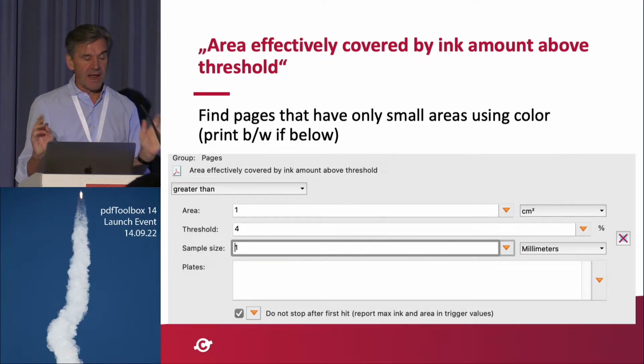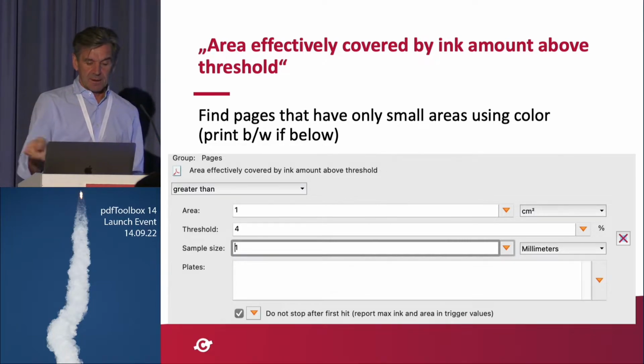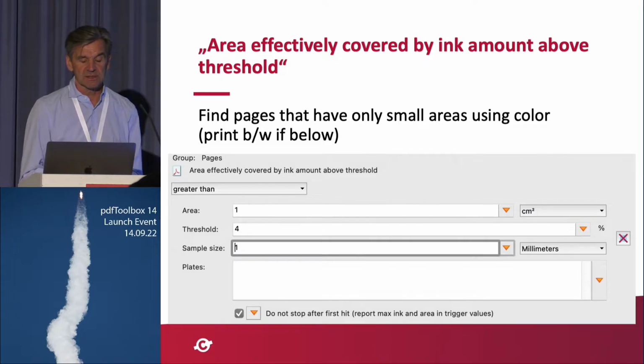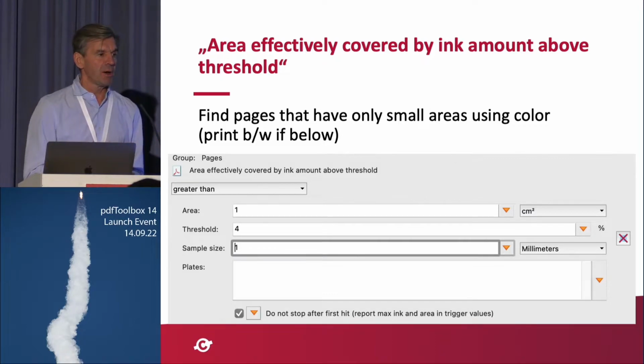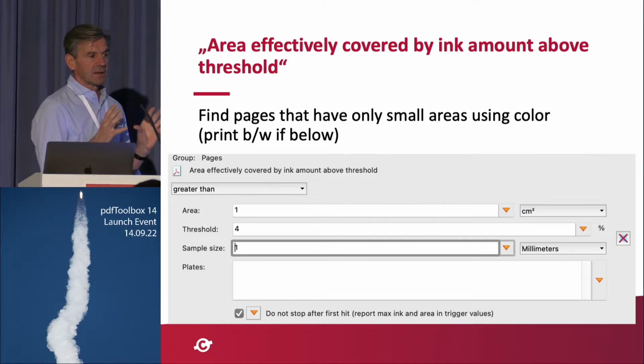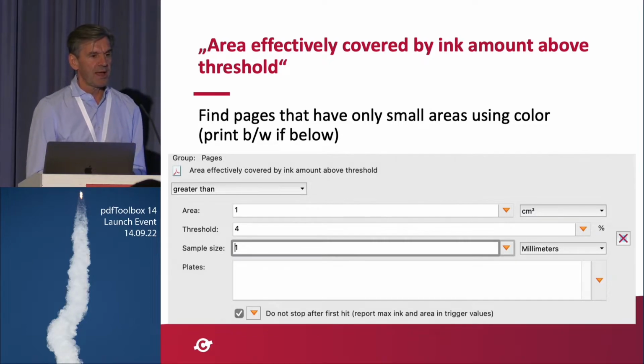The first one, area effectively covered by ink amount above threshold. That really explains what it does. The purpose of it is you can find pages where you only have very small areas where color is used, or no areas at all. And the use case really here is give me or show me all pages where there is a decent amount or a decent area that is using color.